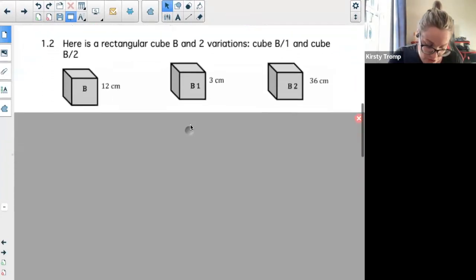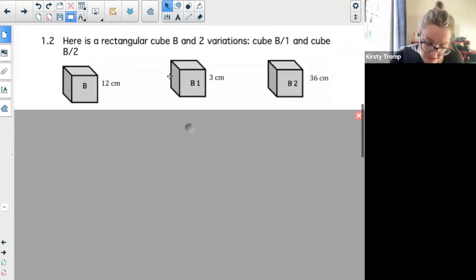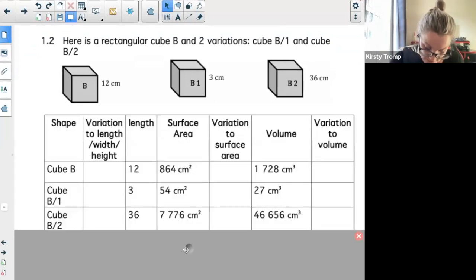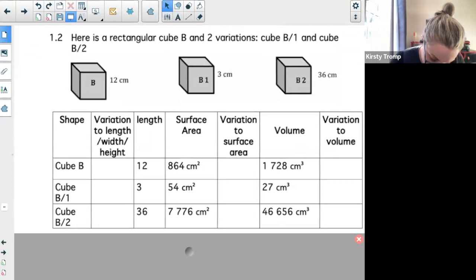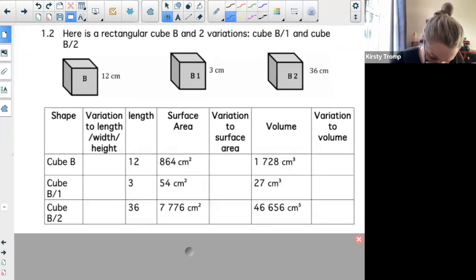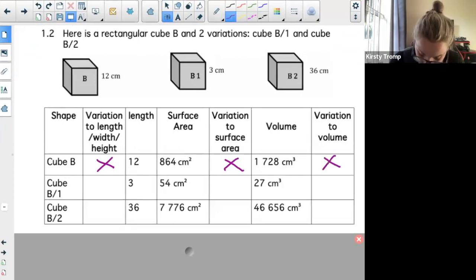What I want you guys to go do now: here is the rectangular cube B, and there are the variations B1 and B2. For B, we're going to put some crosses in because we don't need that, we don't need that, and we don't need that.